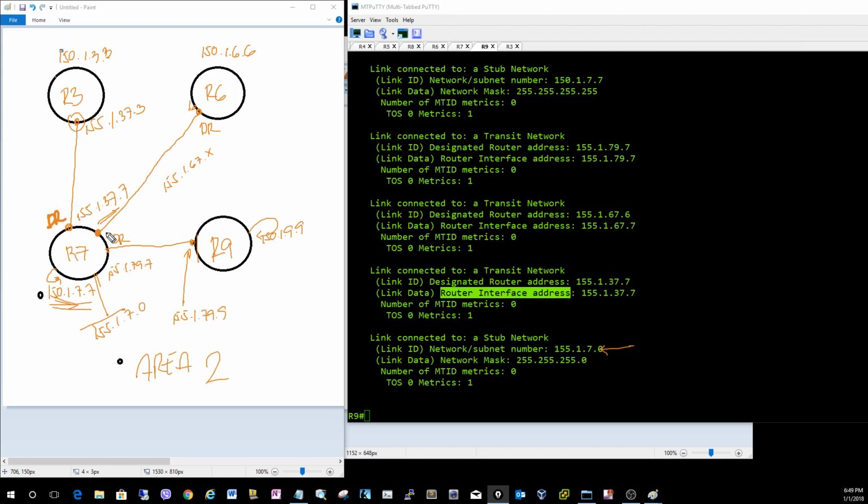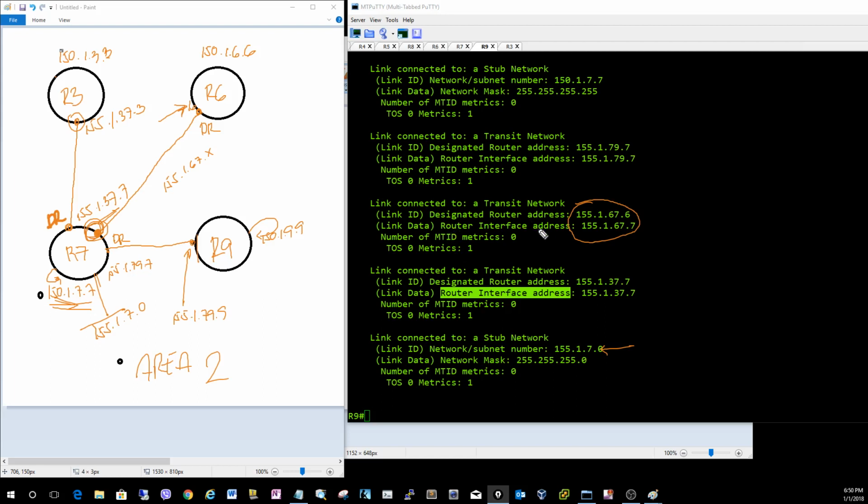Now, going back, my original question is, what is the IP of this guy right here? To answer that, it would be this guy, right? On this certain segment, the designated router address is 155.1.67.6, which is this guy.